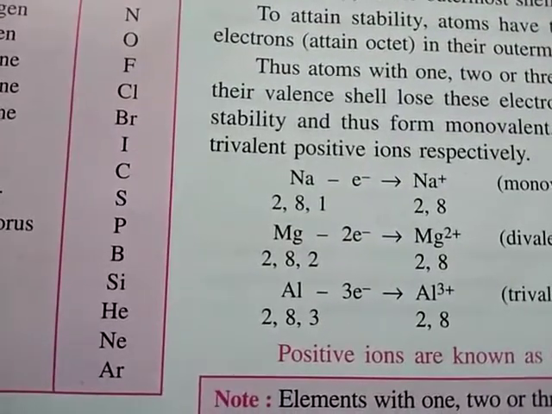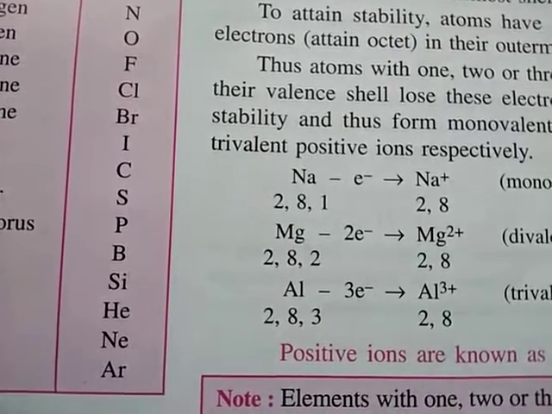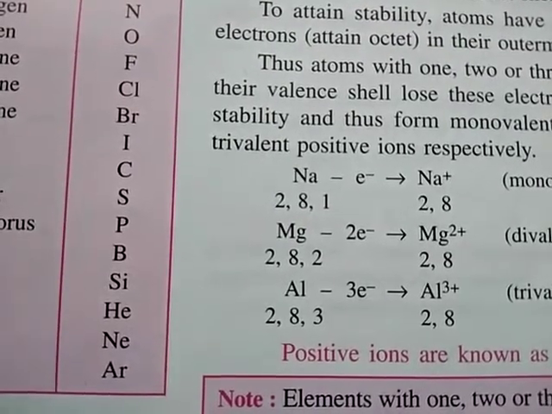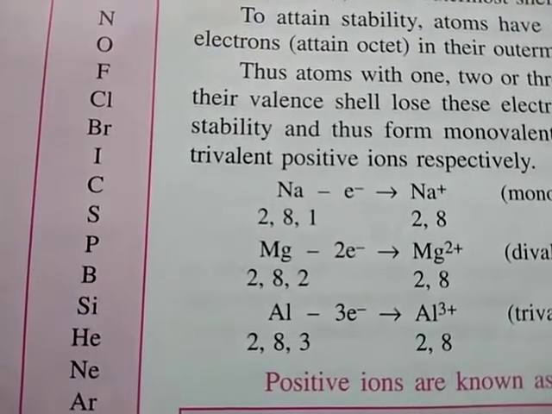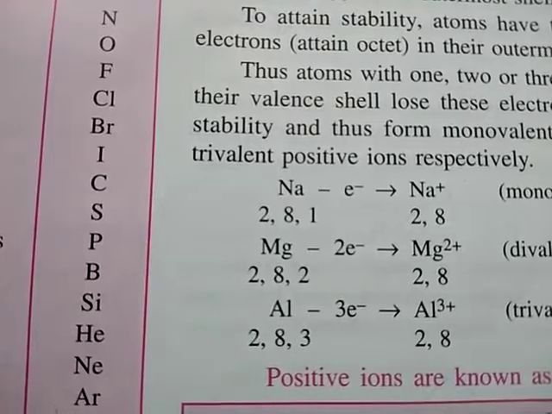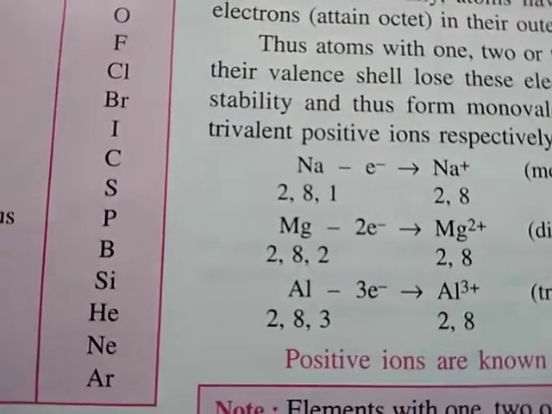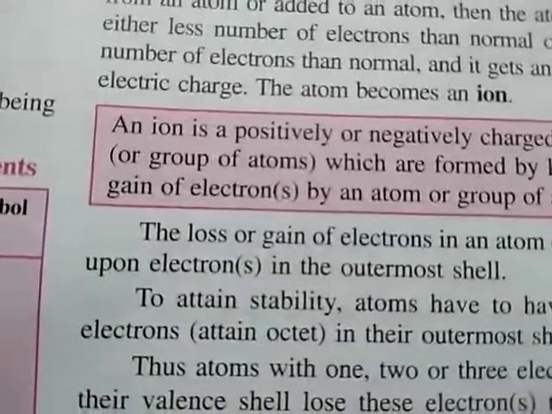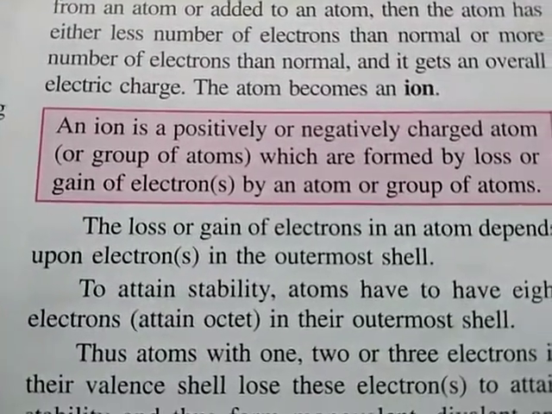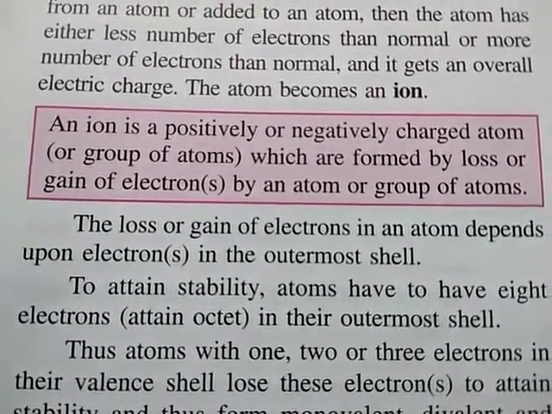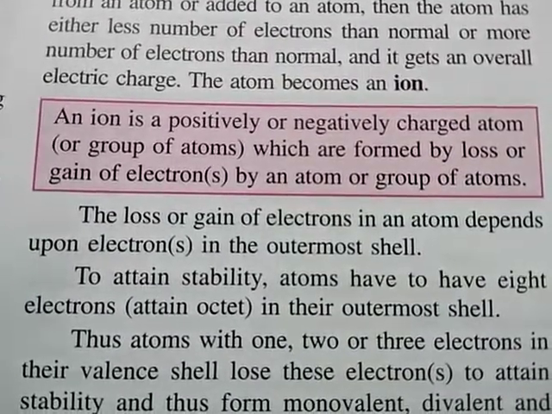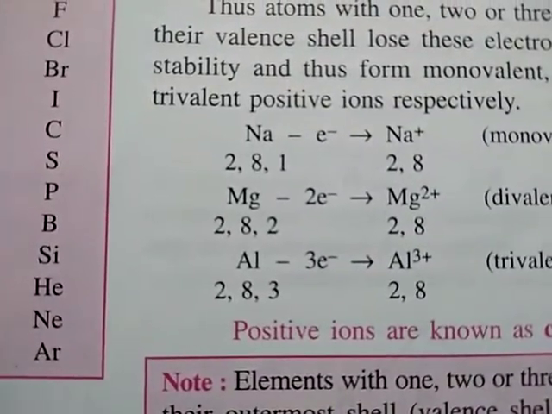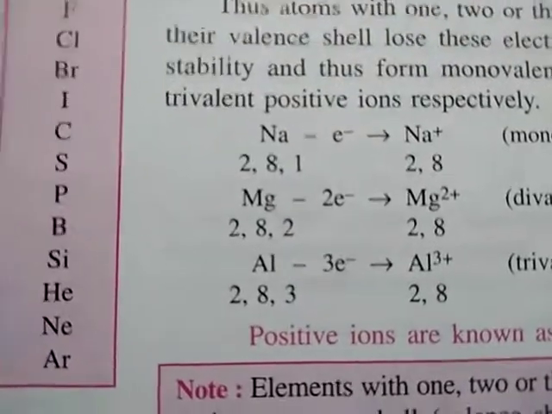Here you can see Na positive. Which ion is this? Sodium ion. Mg2 positive is magnesium ion, and Al3 positive is aluminium ion. So what is the meaning of ion? An ion is a positively or negatively charged atom or group of atoms which is formed by loss or gain of electrons by an atom or a group of atoms.